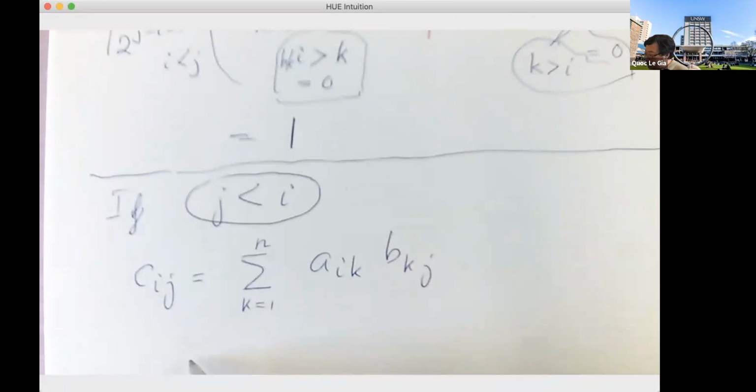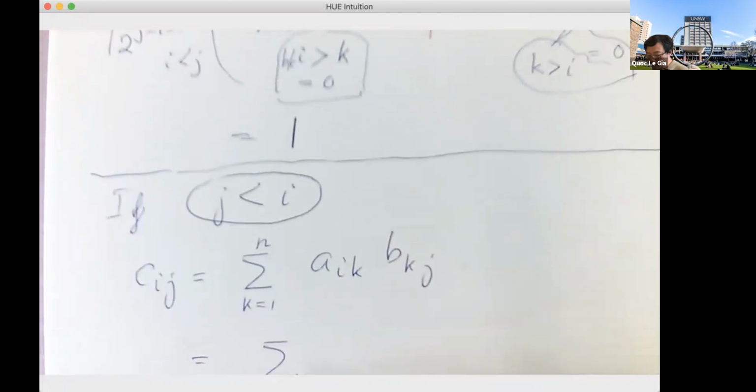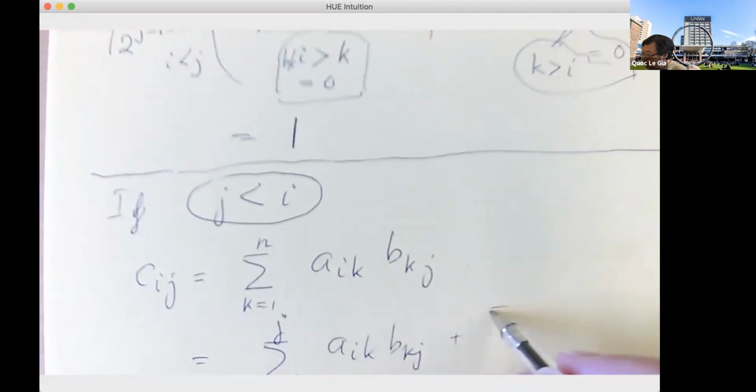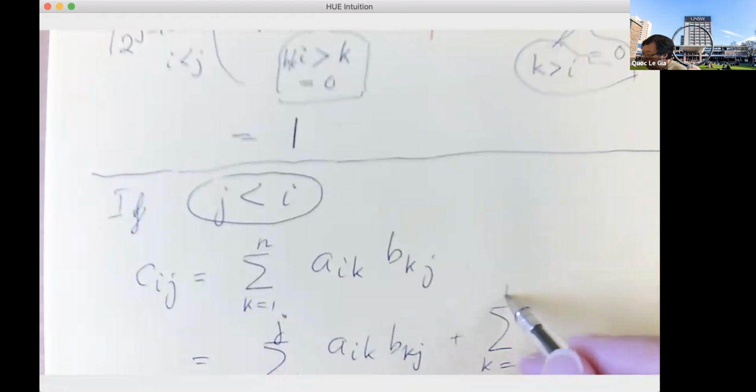Okay, so now I split it into two sums. So k from 1 to j, AikBkj. And the next term is k from j plus 1 to n of AikBkj.